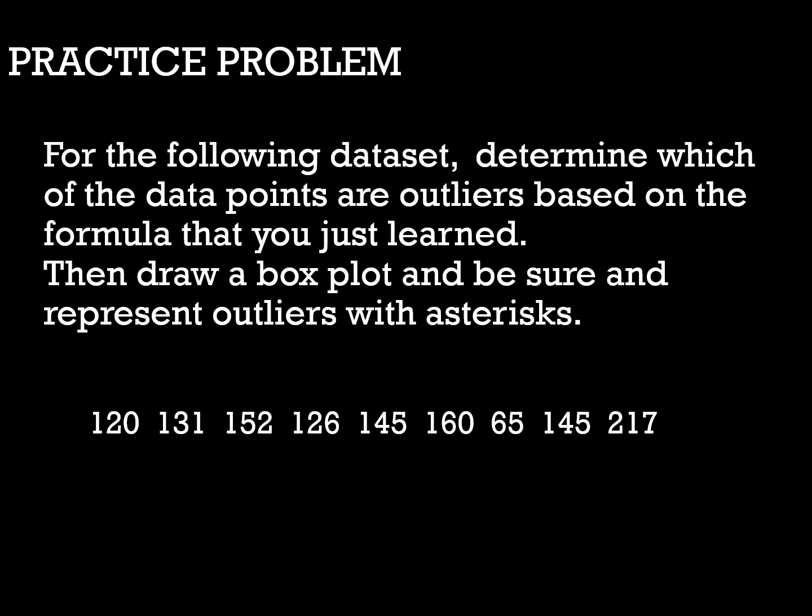Draw the box plot the way you've learned in the past, but don't put any of the outliers as part of that whisker. Put asterisks there for the outliers. Go ahead and pause the video here and solve this.